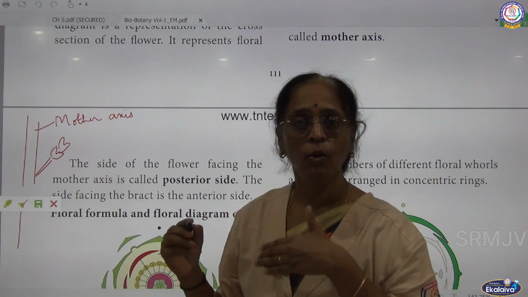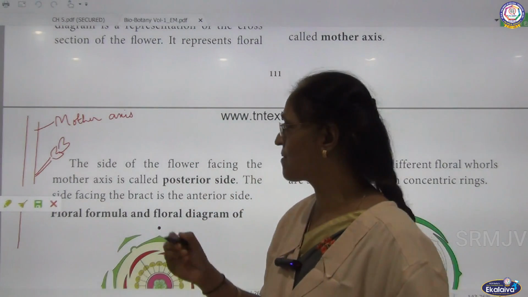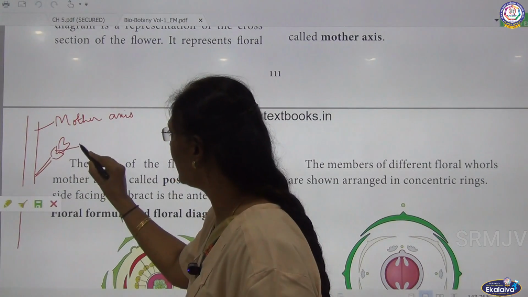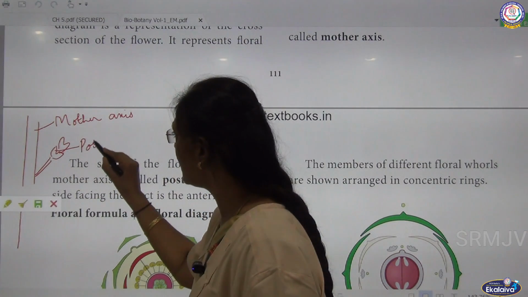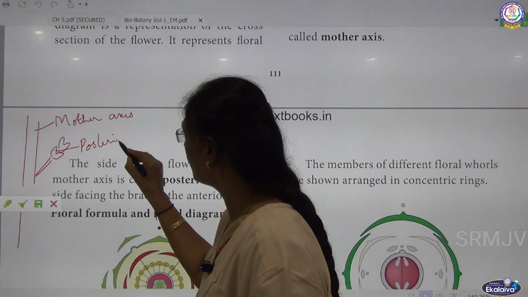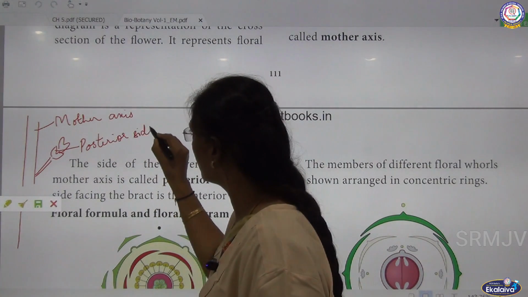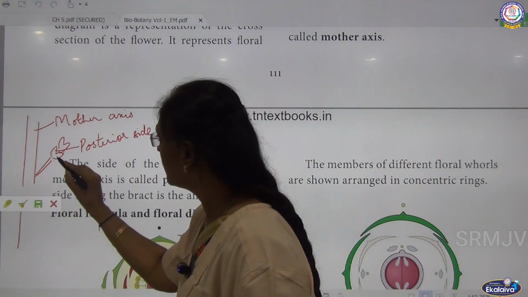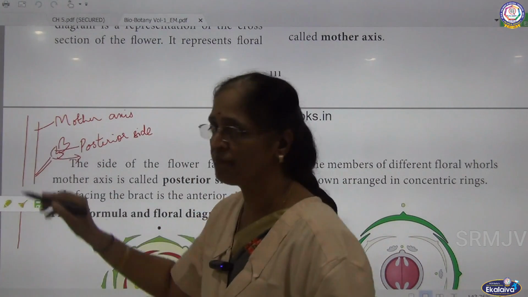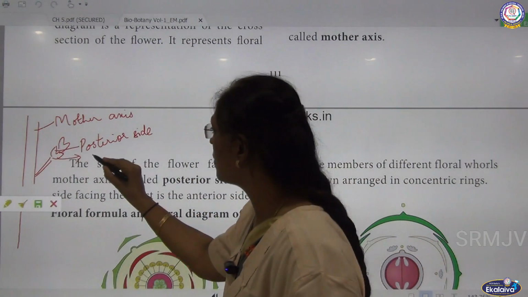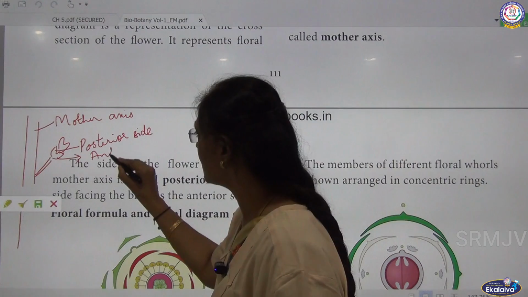The side which is facing the mother axis, you call the posterior side, and the side which is away from the mother axis, we call the anterior side.